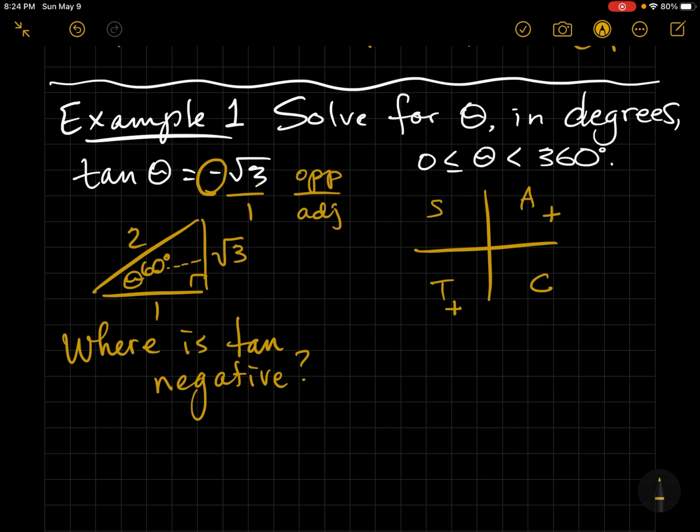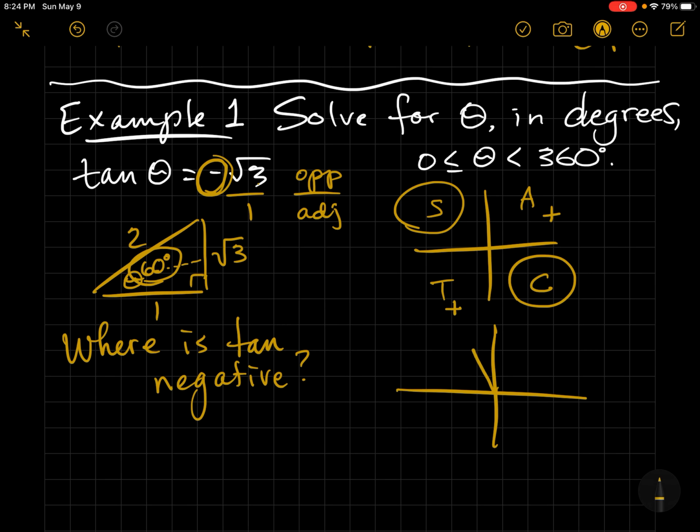Okay, tangent is positive here, and tangent is also positive in the first quadrant. So my tangent is going to be negative in the second and fourth quadrant. So what I'm going to do is I'm going to place a 60-degree reference angle in this quadrant because tangent's negative here.